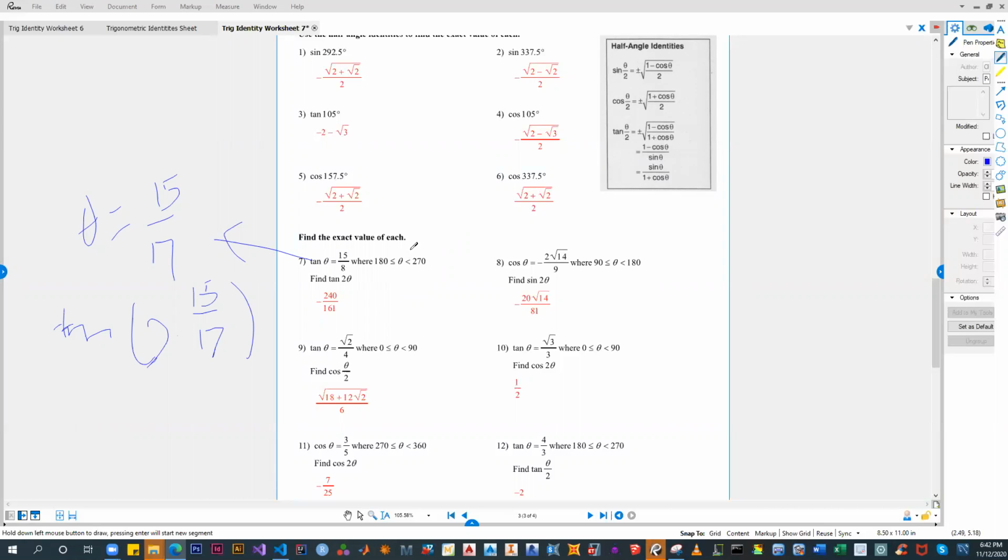Let's see if we get the same value. Okay, so 1 minus cosine of... does it make sense? Let me see this on theta.